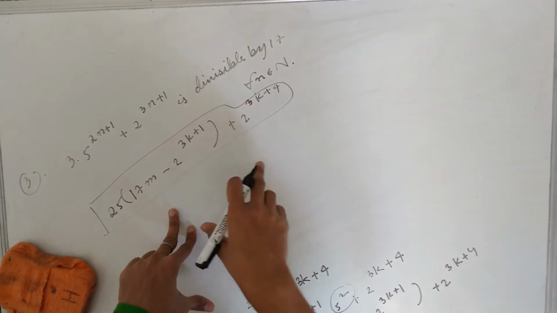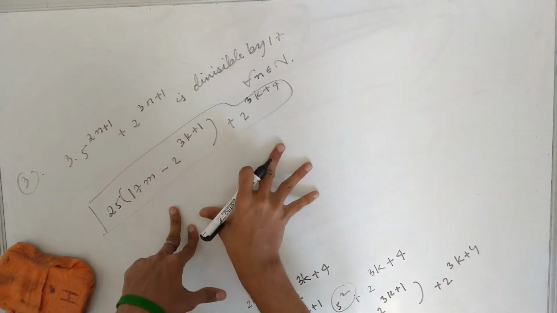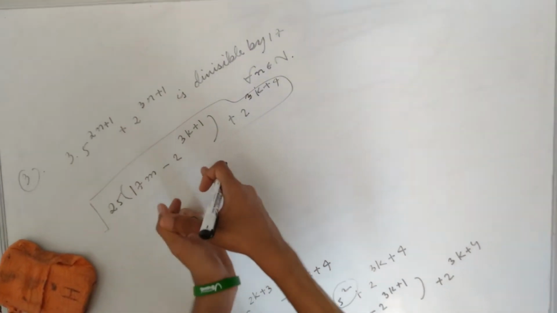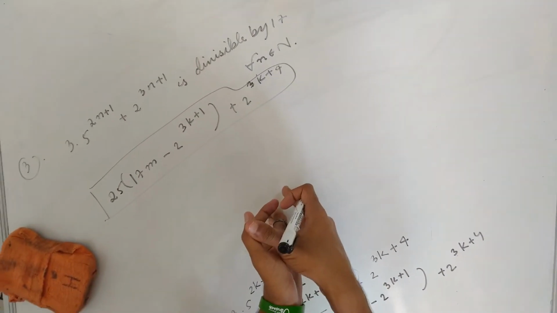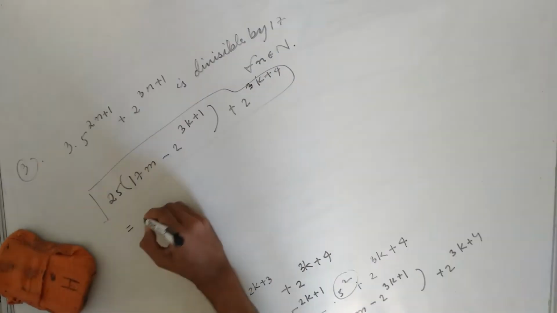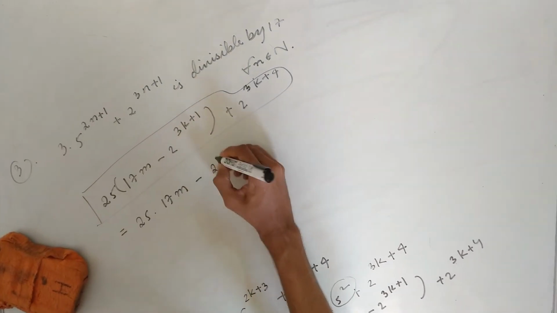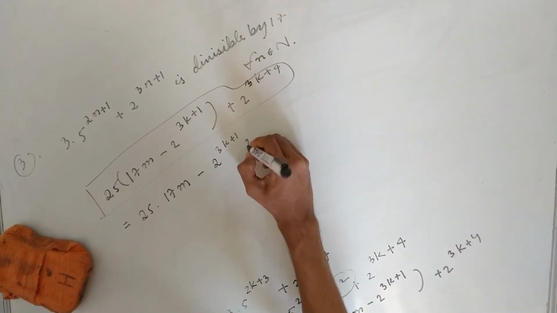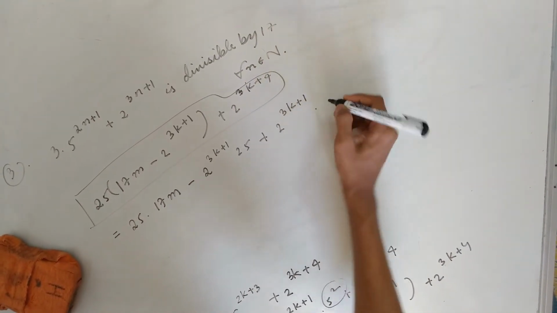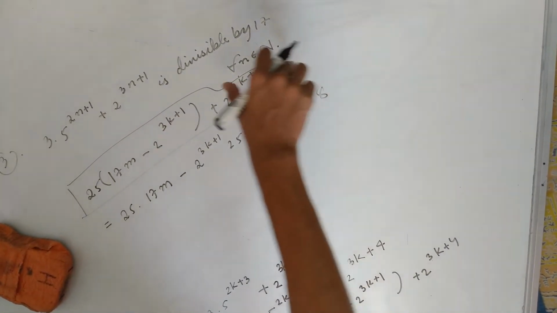Only then will we show that for n equal to k plus 1 also, this set is divisible by 17. So finally we have to arrive at something equal to 17 into something. This is 25 into 17m minus 2 power 3k plus 1 into 25, plus 2 power 3k plus 1 into 2 cube, that is 8. You understood this?